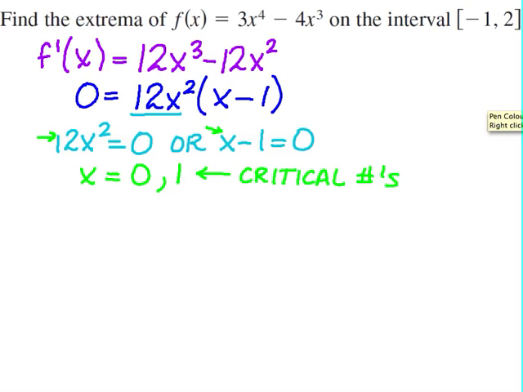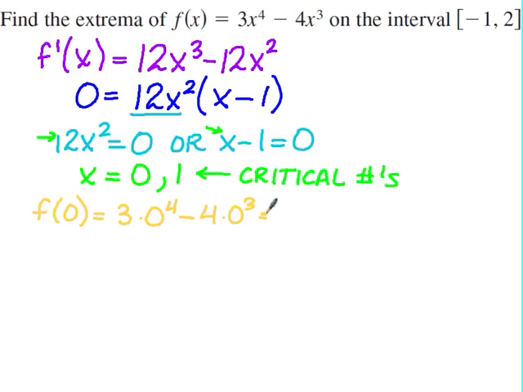So now, what was the next step after we found our critical numbers? What did your guidelines say? Evaluate f at each critical number. So that means I'm going to plug 0 into f of x. I get f of 0, which is 3 times 0 to the 4th minus 4 times 0 cubed. Now, do you necessarily need to write that out?